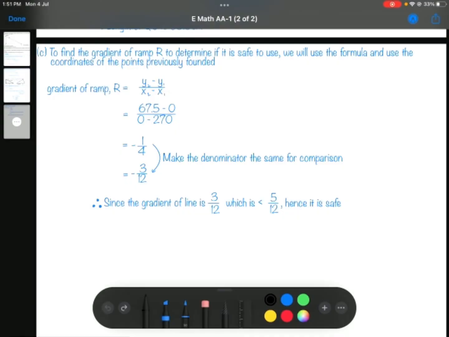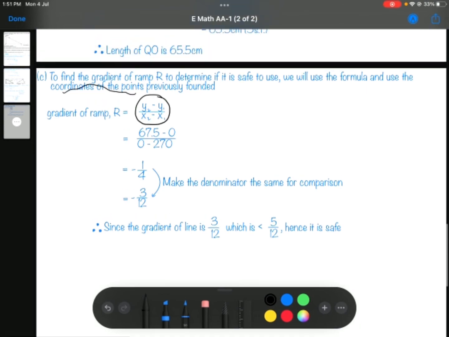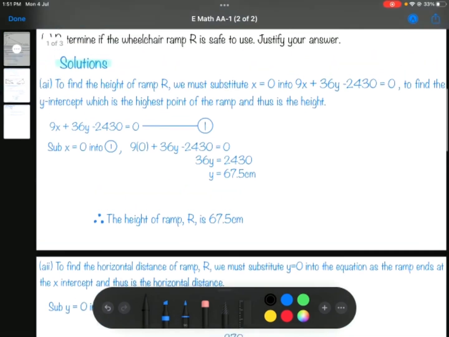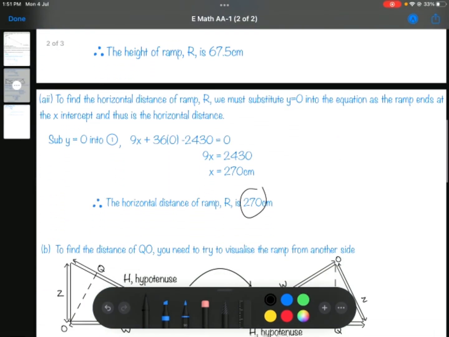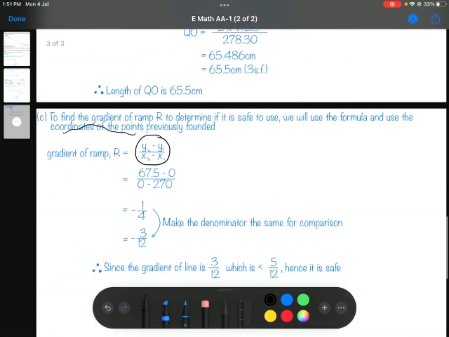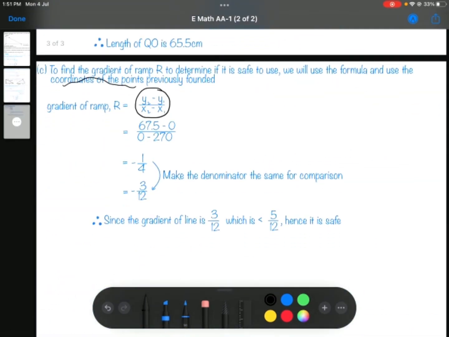To find the gradient of ramp R to determine whether it is safe to use, we will use the formula for gradient of a line. And since we found the coordinates of points previously in part A(i) and part A(ii), which is this one and this one, they are the y-intercept and x-intercept.